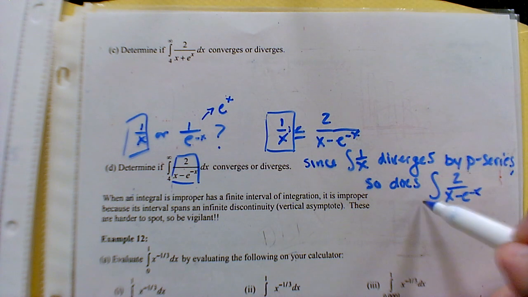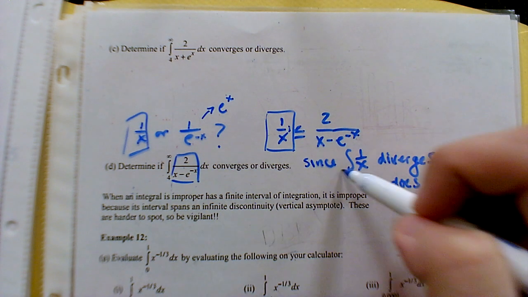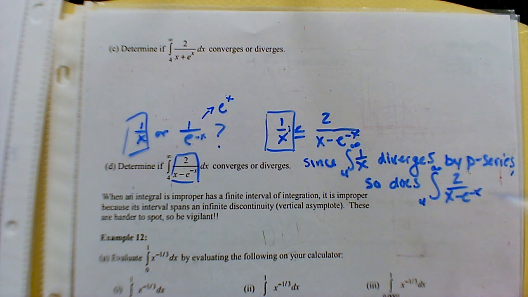You could add your bounds, 4 to infinity, because that's what the question was asking about. By the comparison, this is going to diverge as well. So it's going to equal some infinity value, mostly positive in those cases.